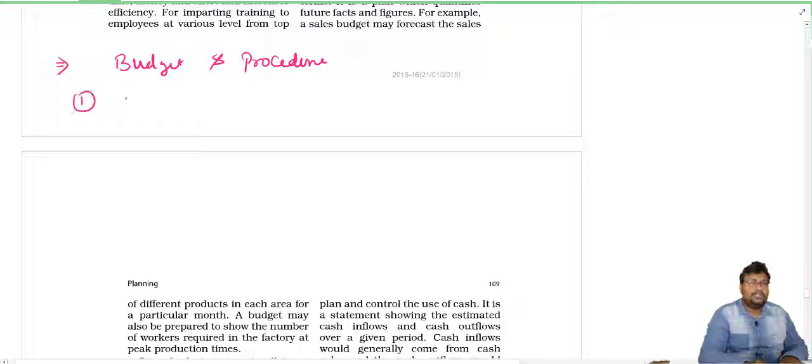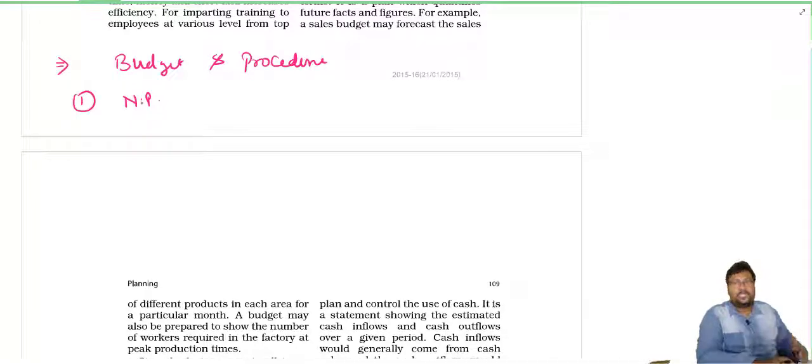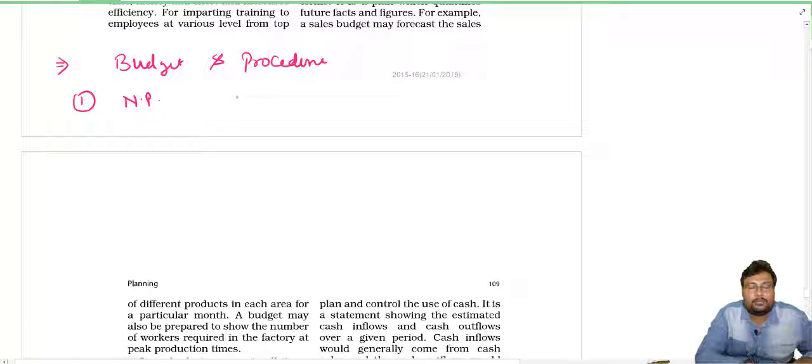So beta, what is a budget? Budget is a numerical plan. Write down the notes also, because it is not given in NCERT, so just write it down, it will help you. Budget is the numerical plan, and procedures are a predefined sequence for doing a task.